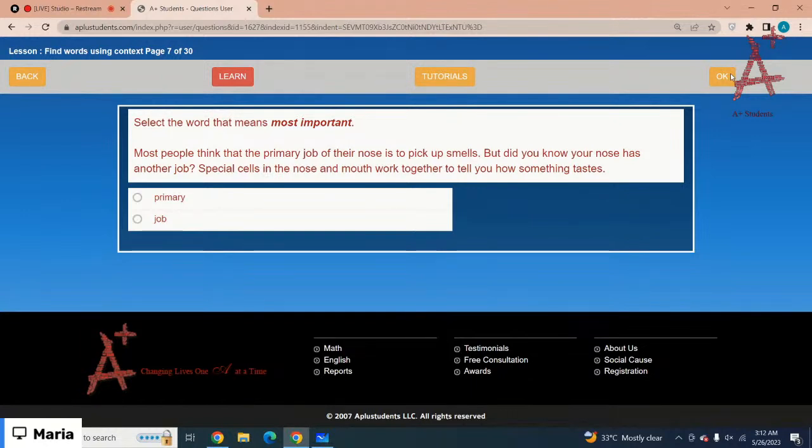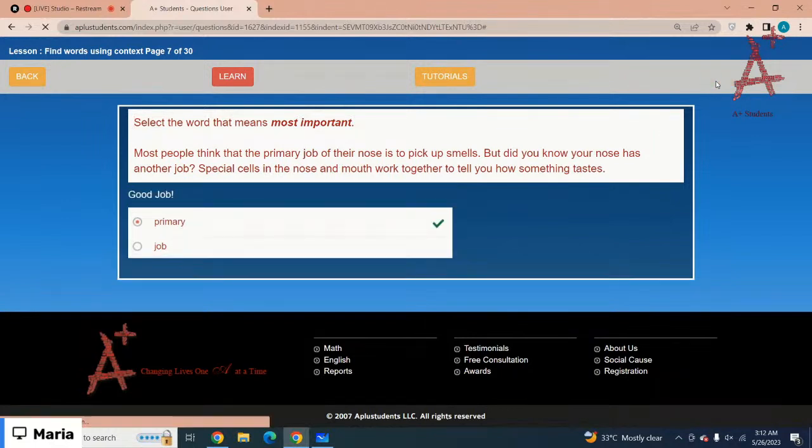Primary is a word that means most important. Got it? That would be primary. Primary means most important. No, not job. It's primary.